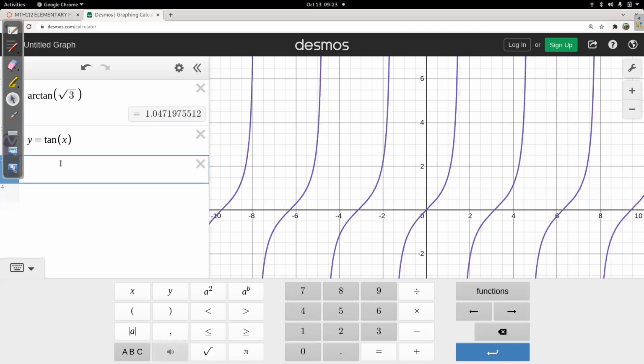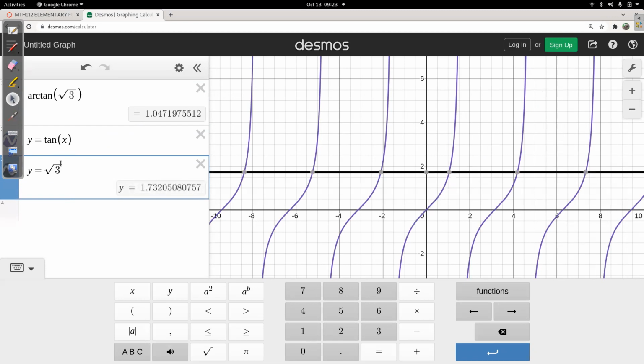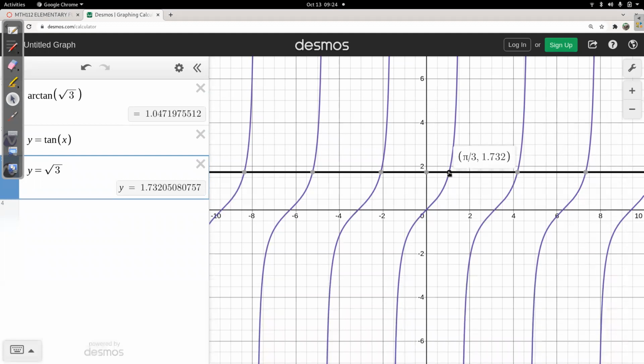Now, if I look back at my equation, the tangent of theta, here I'm using x, was the square root of 3. So if I also graph y equals the square root of 3, that's that horizontal line there, and I want to find all of those intersection points. The closest intersection here, that one right there, is the value the arctangent gave me.